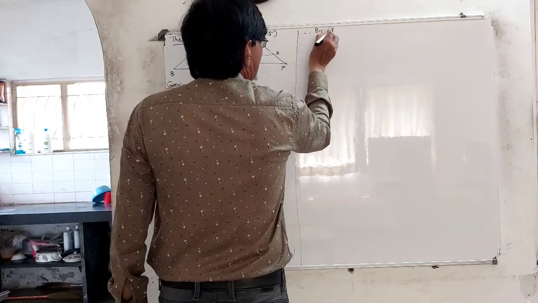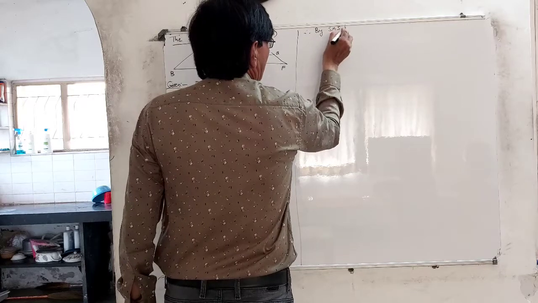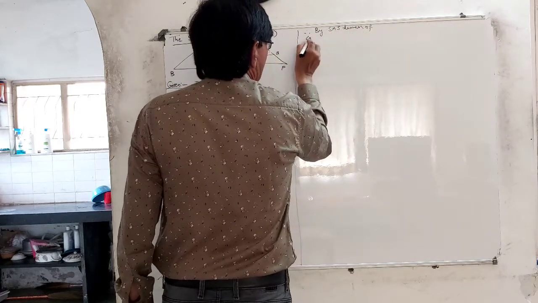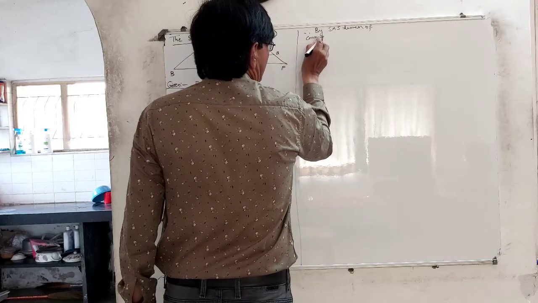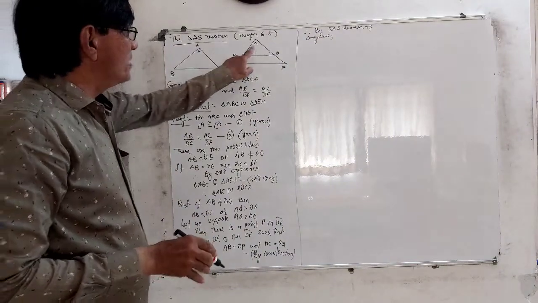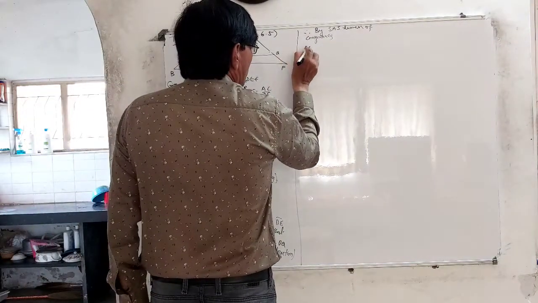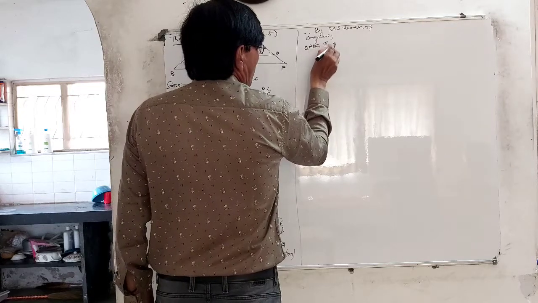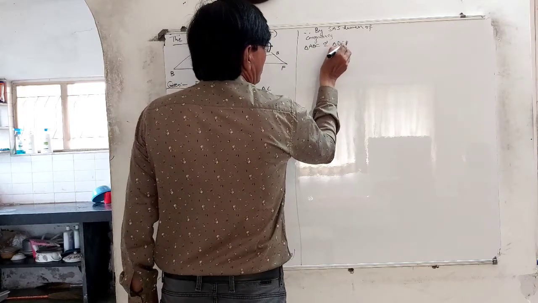Now, therefore, by the SAS theorem of congruency, remember this is not similarity we are talking about, triangle ABC is congruent to triangle DPQ.